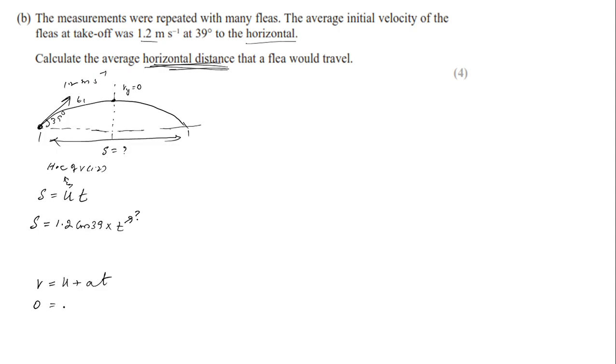So you are going to take 1.2 sine of 39, and plus a, the acceleration due to gravity, which is minus 9.8. And why did I take minus? Because vertically the flea is going upward and acceleration is downward, so minus 9.8 in the opposite direction. And t is the time t1.